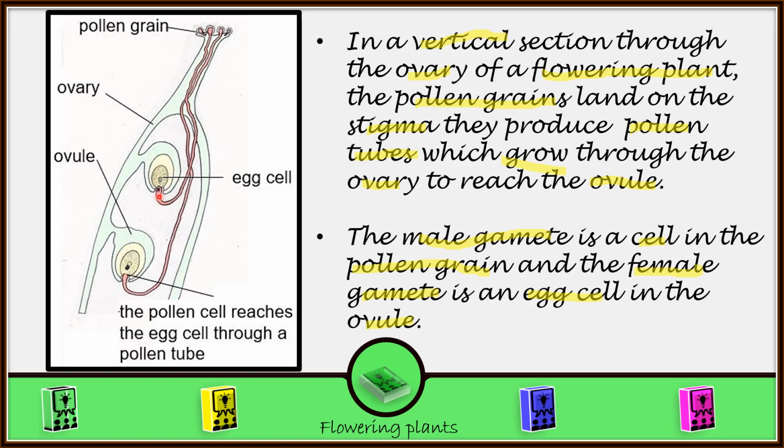When it reaches here, the nucleus of the male gamete will enter into the egg cell, and then fertilization or pollination will take place. So the pollen cell reaches the egg cell through the pollen tube.